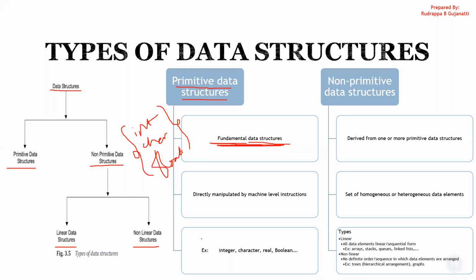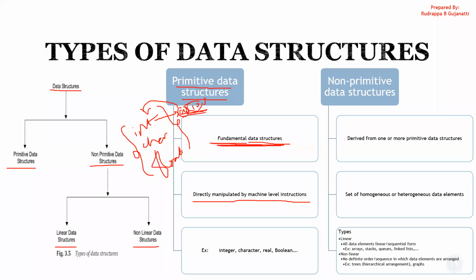And these we can manipulate directly with machine level instructions. We can directly access the members and perform the required operations. What is this indicating? One example would be an array. If I declare an array A[10], A is an array which holds 10 elements of type integer.